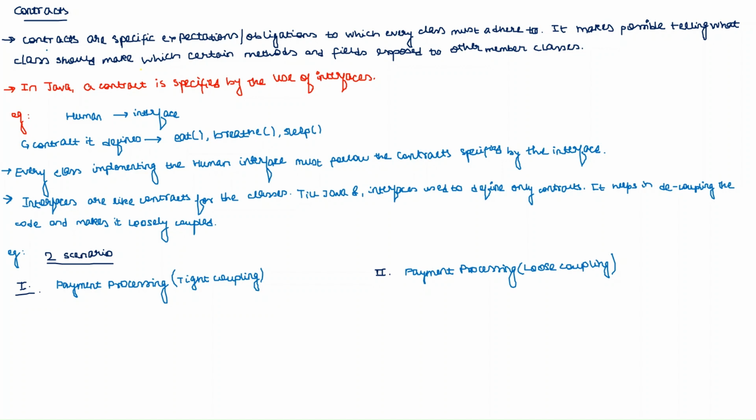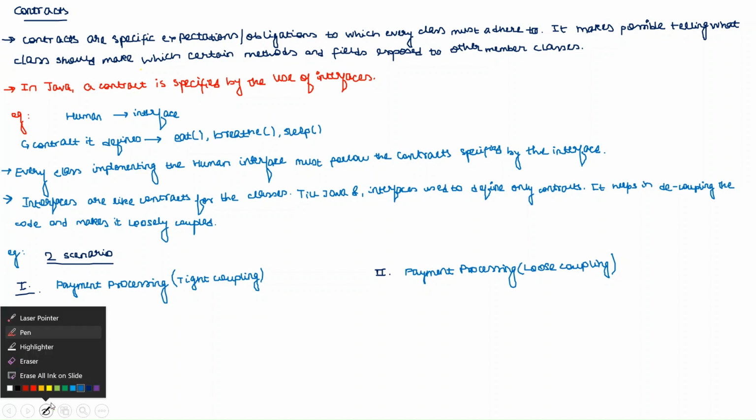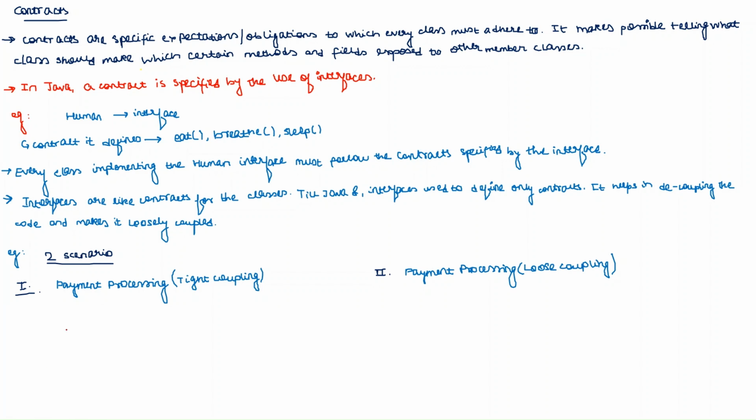But what do I mean when I say that interfaces decouple the code and make it loosely coupled? So let me explain this. We have two scenarios, both of payment processing. Let's say that you want to integrate a payment processor, for Razorpay, just as an example.